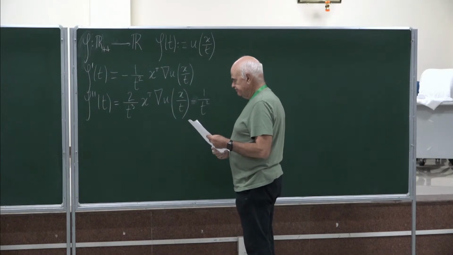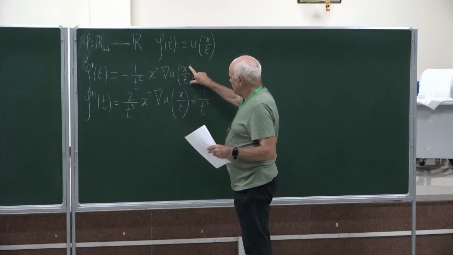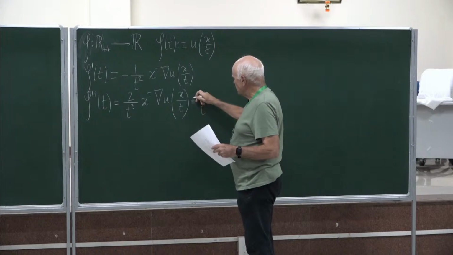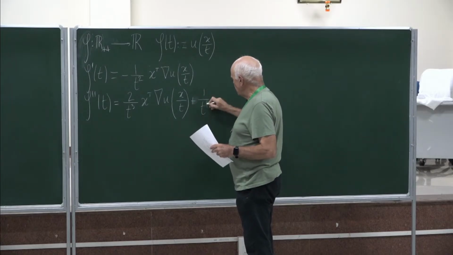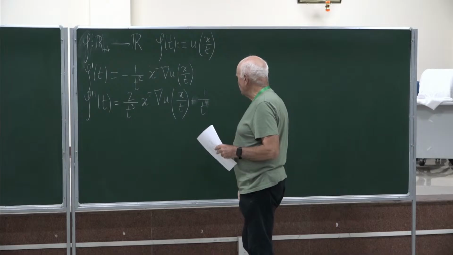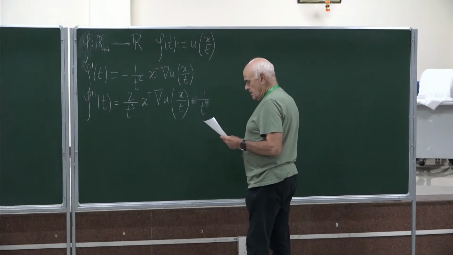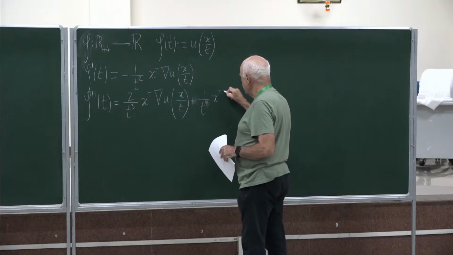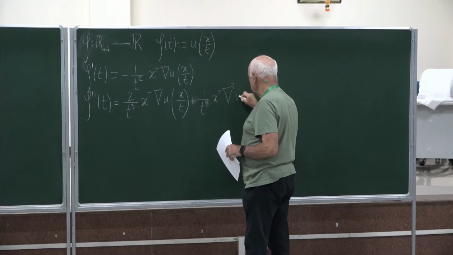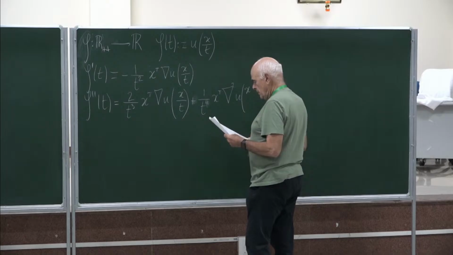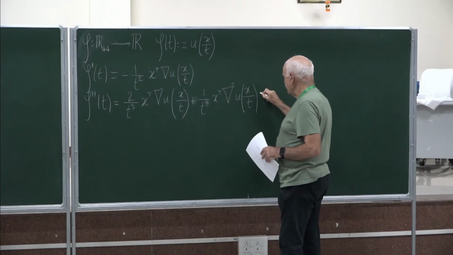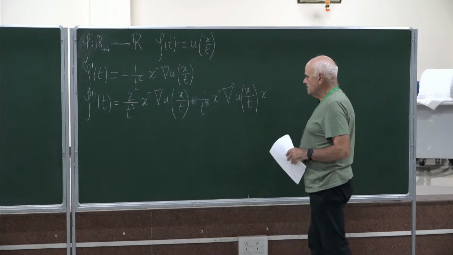Again, when I take the derivative of this part, I get again minus 1 over t squared, so in total I obtain 1 divided by t to the power 4 x transpose Hessian of u at x over t times x.